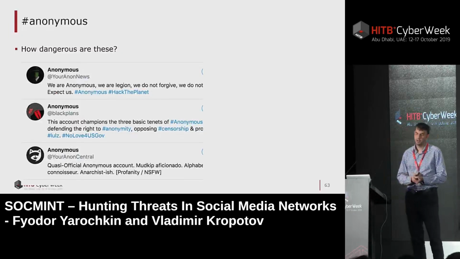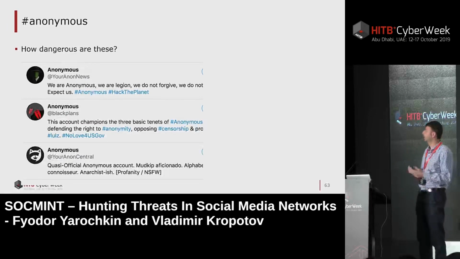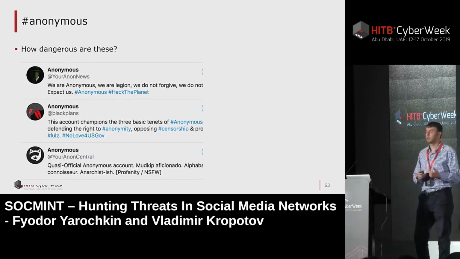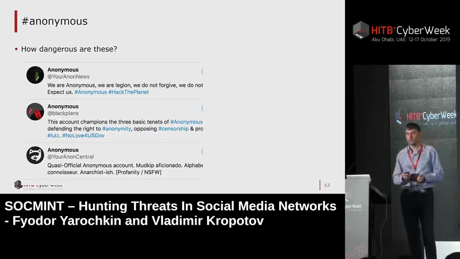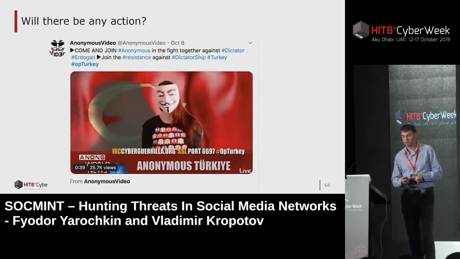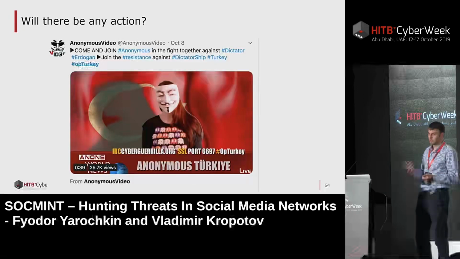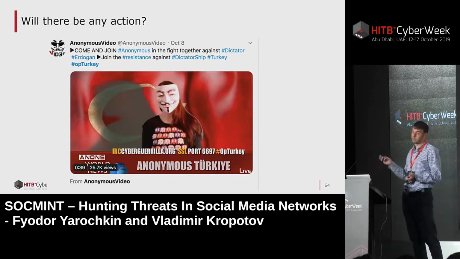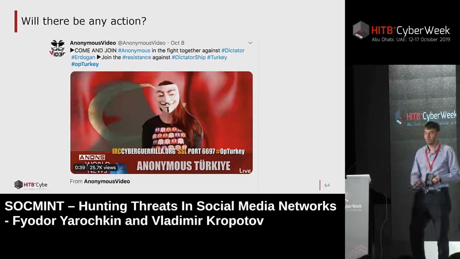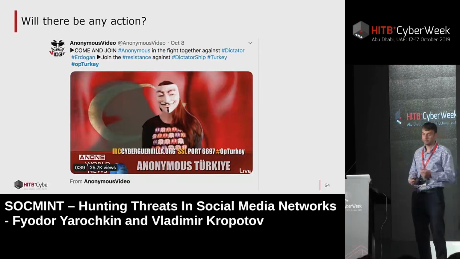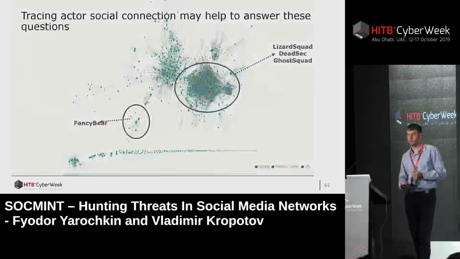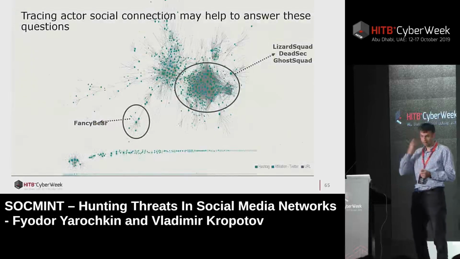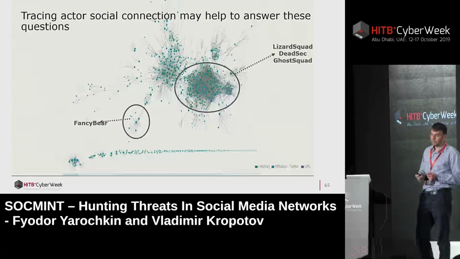Another topic is analyzing groups like Anonymous, because they publicly announce attacks on particular infrastructures. So now Turkey is hot, and some activities are expected from Anonymous groups in Turkey, or against Turkish infrastructure.